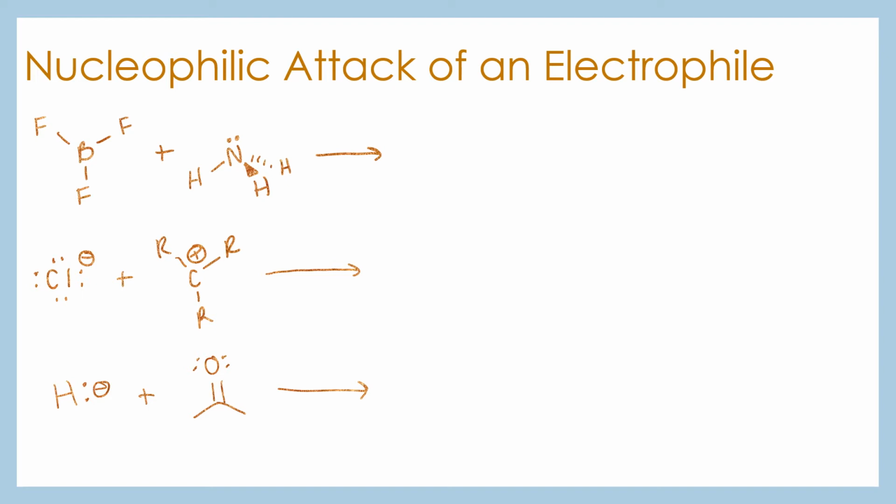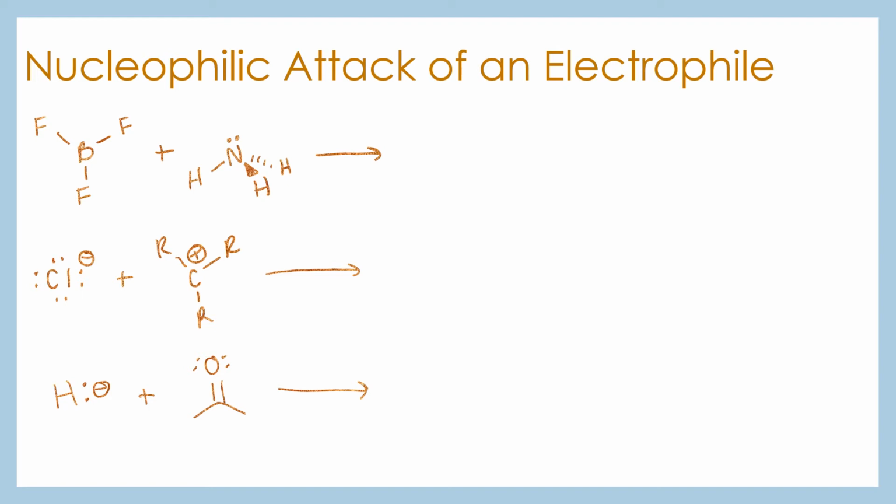So let's look at some examples. In this first example, we have boron trifluoride and ammonia. This is kind of an interesting one because this is really a Lewis acid, Lewis base interaction, which all nucleophilic attacks are.